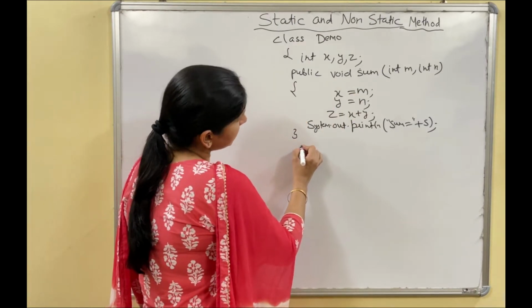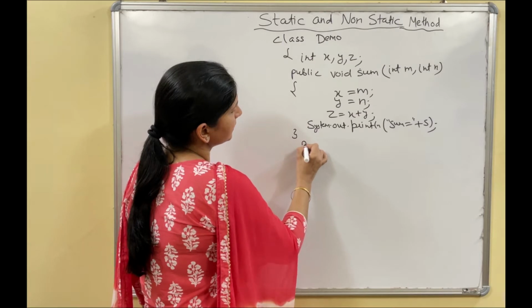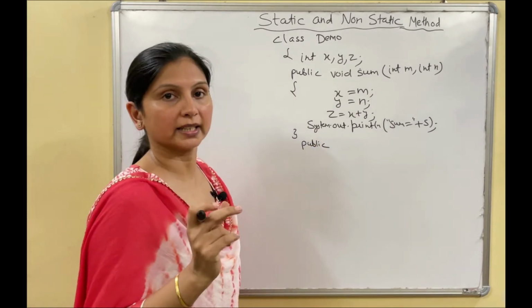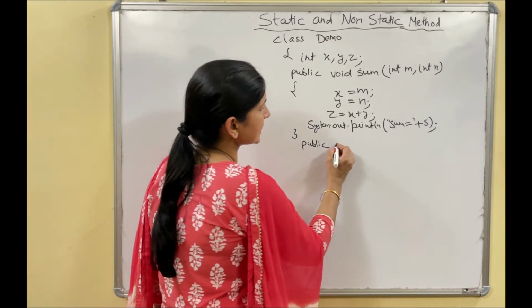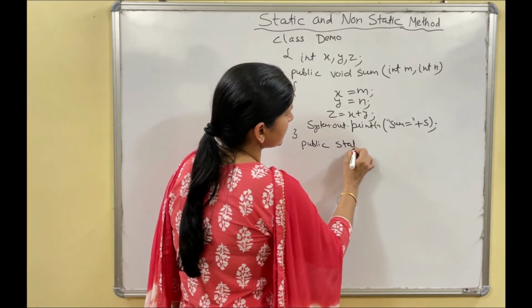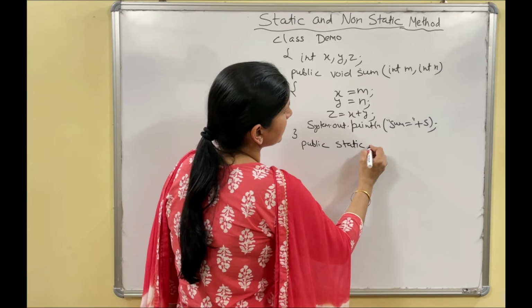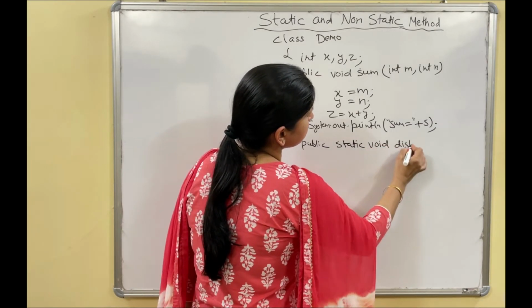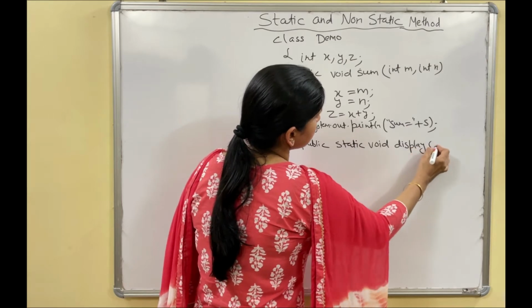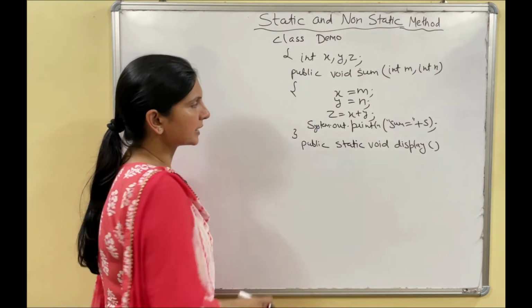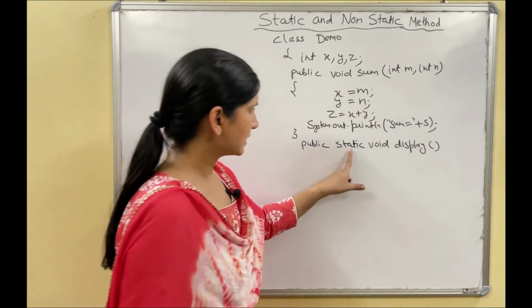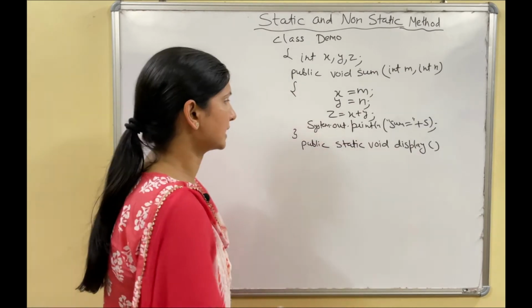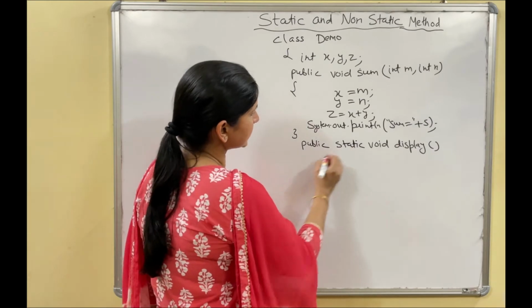Now I will make another method public, and I will add one modifier in that, and that modifier is static. So static is a modifier, then void, then display, right? So this is the prototype: access specifier, static, void, display, then parenthesis. So this is a static method.